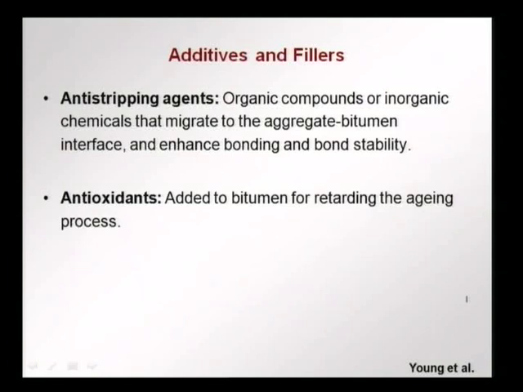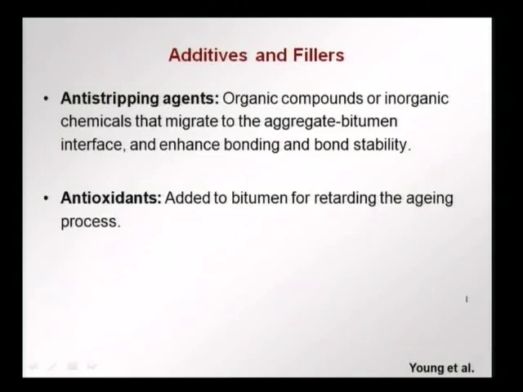The bond is now stable because of the presence of these anti-stripping agents. They mitigate the effect of, say, a little bit of water on the surface of the aggregates or some other imperfection on the surface. The anti-stripping agent facilitates better bonding between the aggregate and the bitumen and a stable bond to be developed.